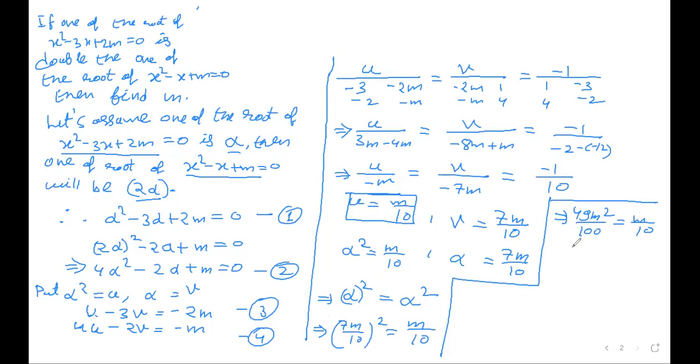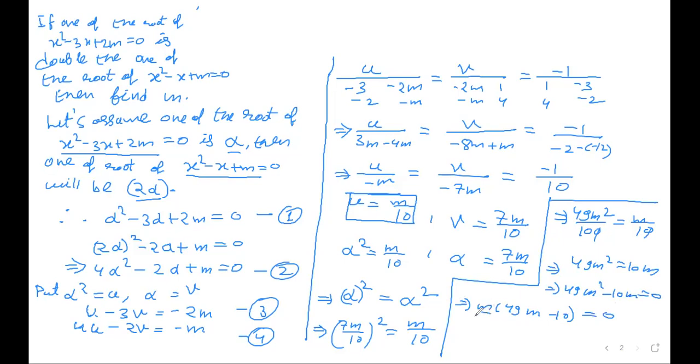If we take m as 0, this is also one of the values of m, and it must be taken. Cross multiplying, one of the zeros will be cancelled out, so 49m square equals 10m. It implies 49m square minus 10m equals 0. It implies m common into 49m minus 10 equals 0.